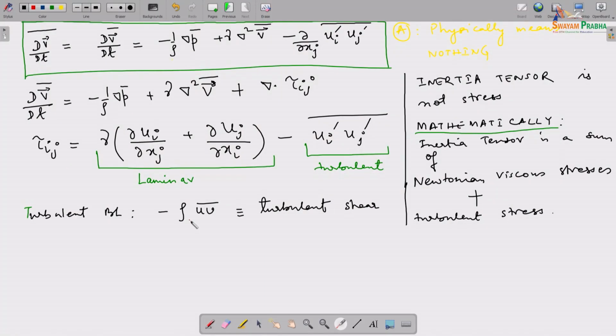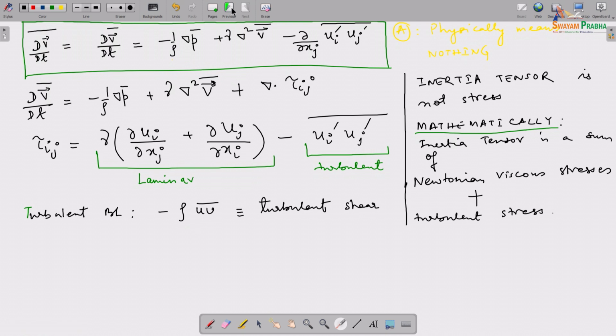Also in turbulent boundary layers, this term is termed a turbulent shear. That's all I have to say about the Navier-Stokes equation when we use it for a turbulent flow.